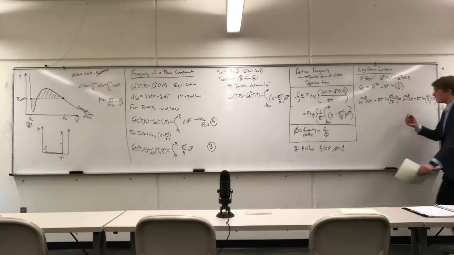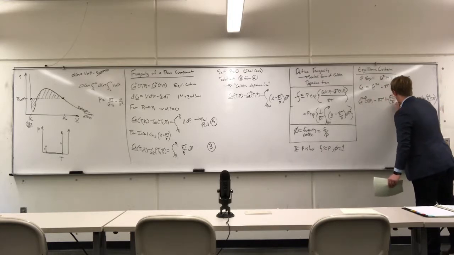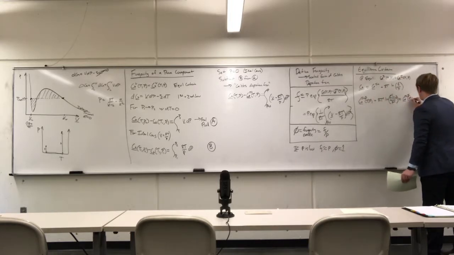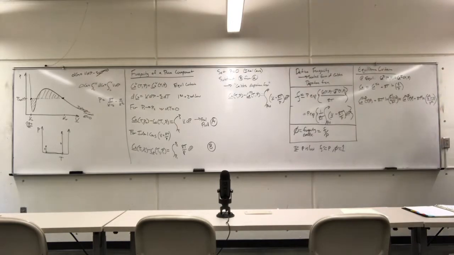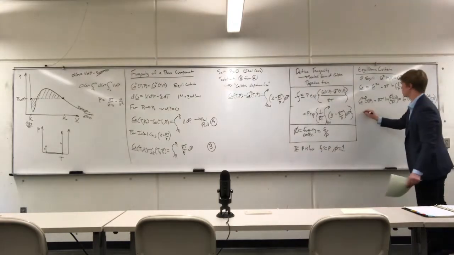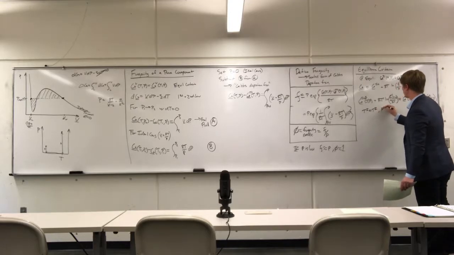And if you really wanted to be meticulous, we could add in a temperature of phase 1, pressure of phase 1, temperature of phase 2, pressure of phase 2, but we already know that those are the same. So temperature of phase 1 is equal to temperature of phase 2, pressure of phase 1 is equal to pressure of phase 2.